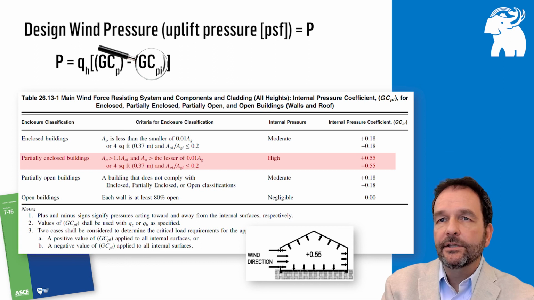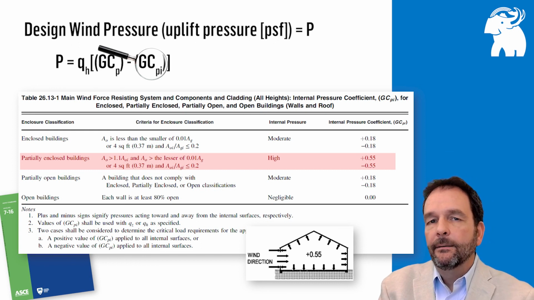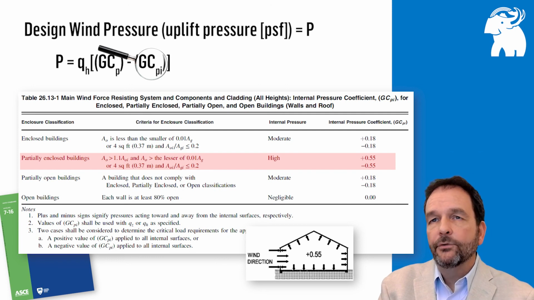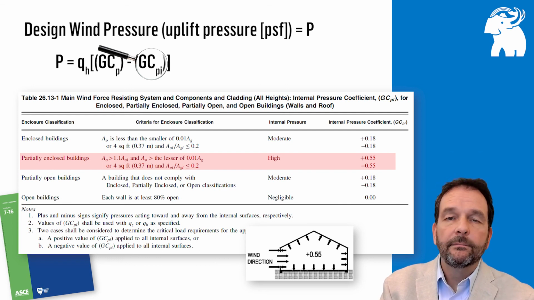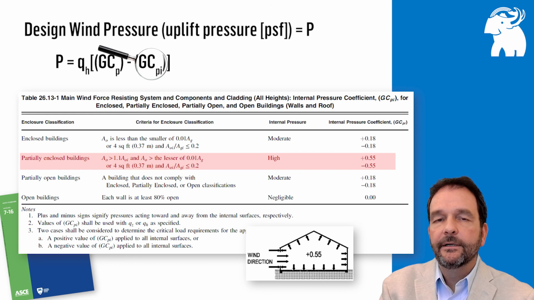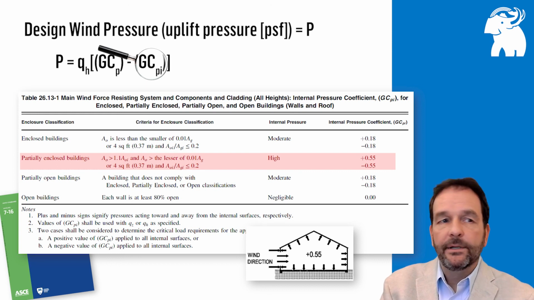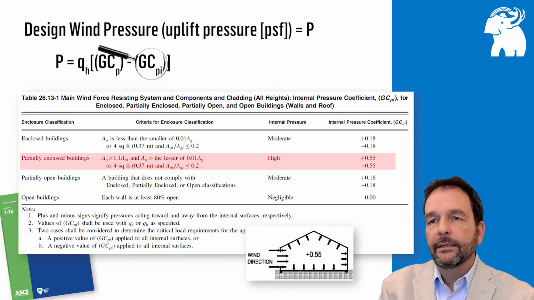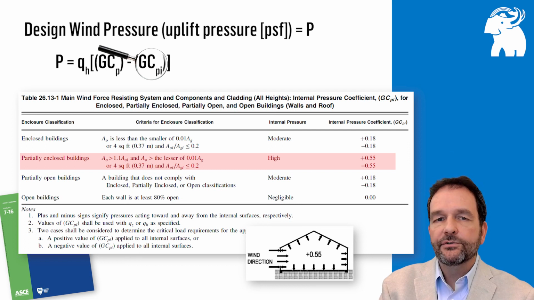It's defined here in ASCE 7-16, but if these conditions are met, then the internal pressure coefficient would be a positive 0.55. An example of that would be, say, an airport hangar where wind can blow through one opening and pressurize the building, and the wind pressure cannot be equalized through other openings and other walls of the building.